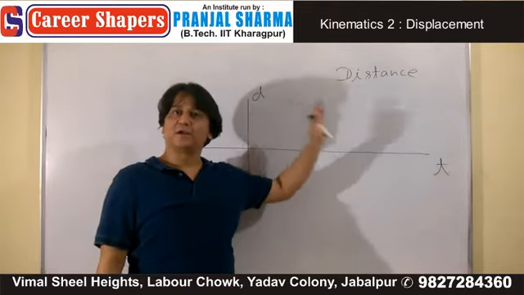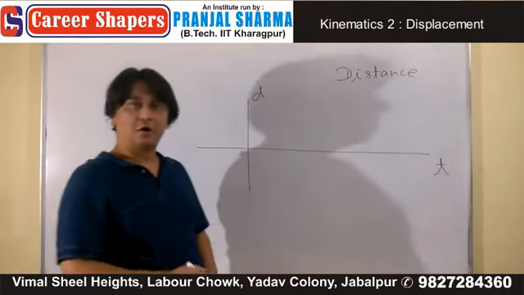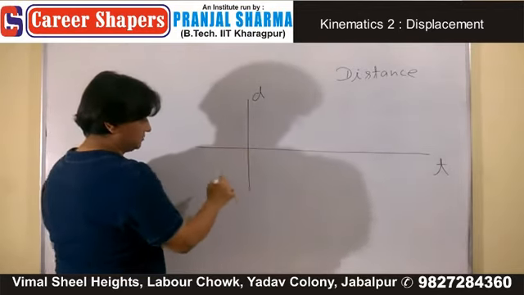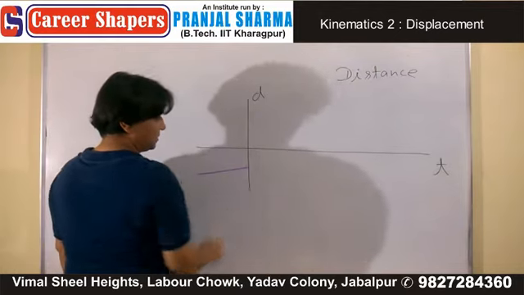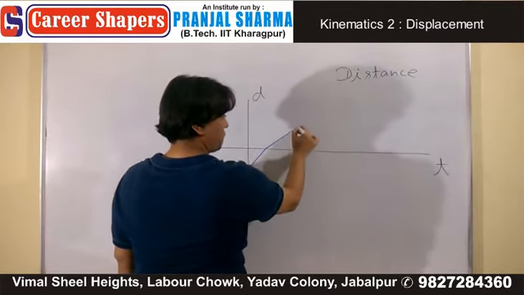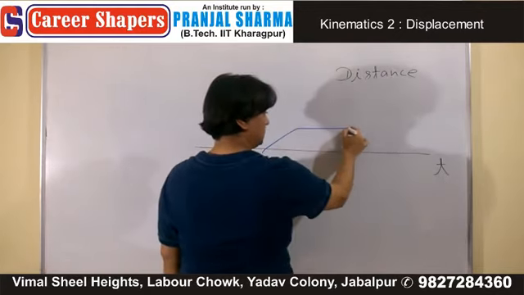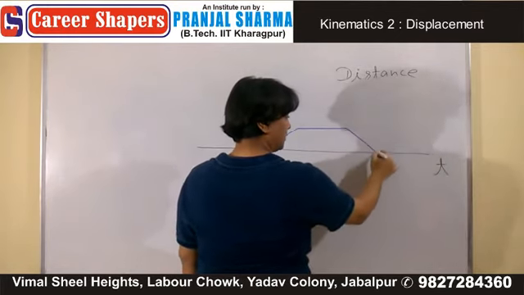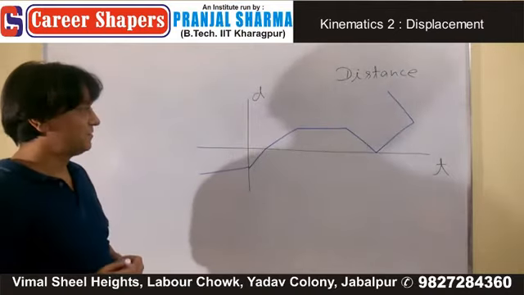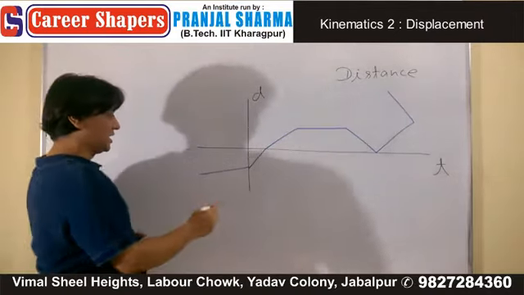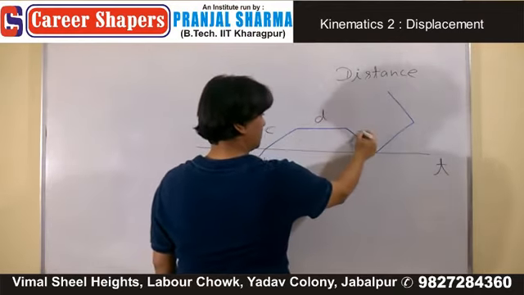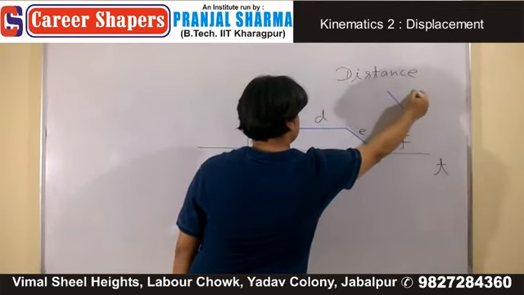Instead of drawing separate graphs, I draw all these graphs in this form. The graph starts like this, then it goes like this. Let's say these are several graphs in continuation, and let's call them A, B, C, D, E, F, G.